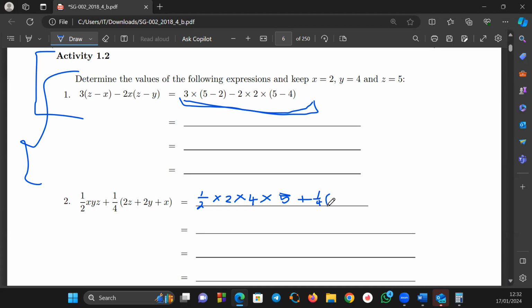And then in 1/4, there are brackets: x 2 multiplied by z, which is 5, plus, okay, and 5, I didn't write it properly, which is 5 there. And then plus 2 multiplied by y, which is 4, and then plus 2 again. So you guys are going to complete also this one the way I've written it, using the BODMAS rule.